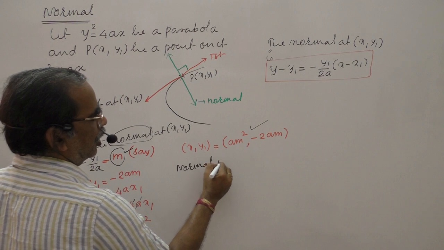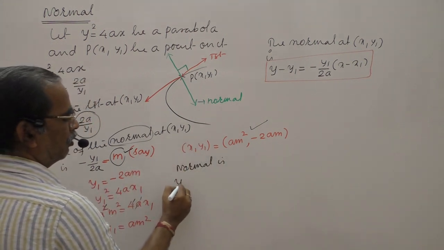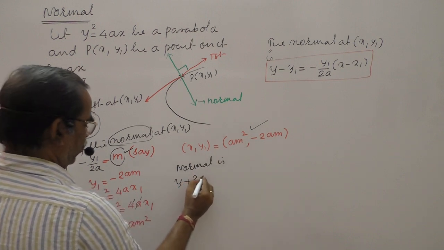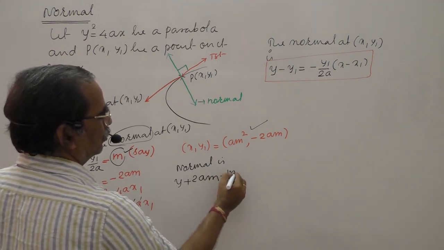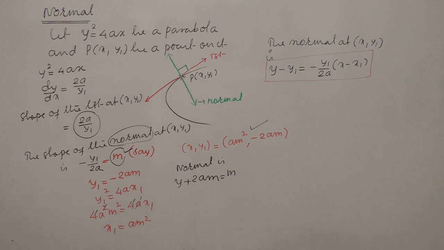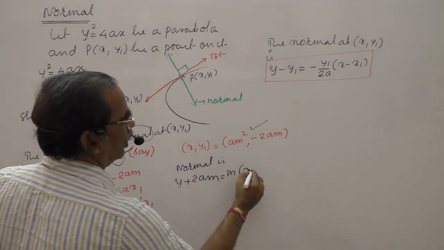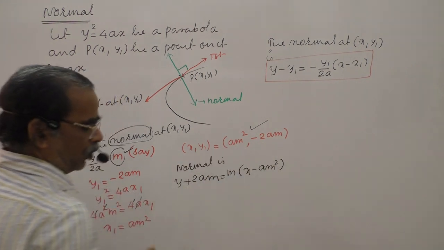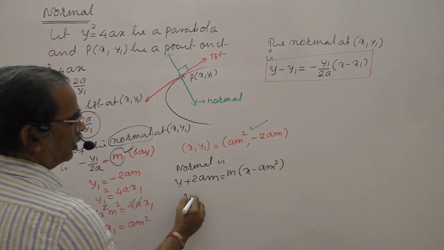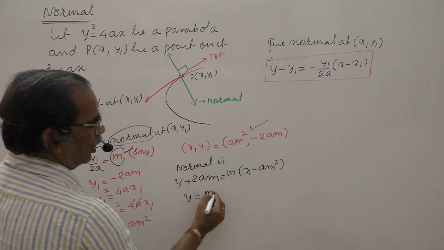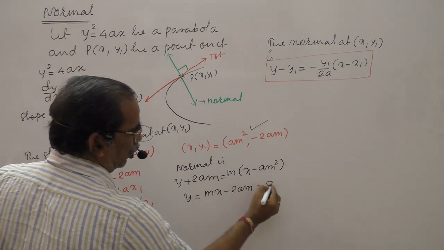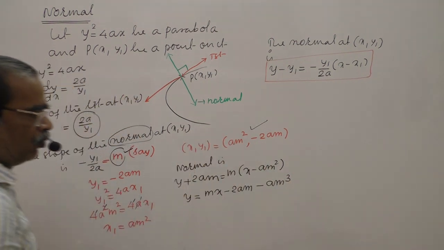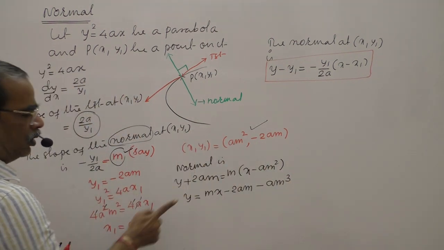The equation of the normal, in point slope form again: y minus y1 equals m into (x minus x1), that is, y plus 2am equals m times (x minus am squared). Simplifying, y equals mx minus 2am minus am cubed. So this is the normal.